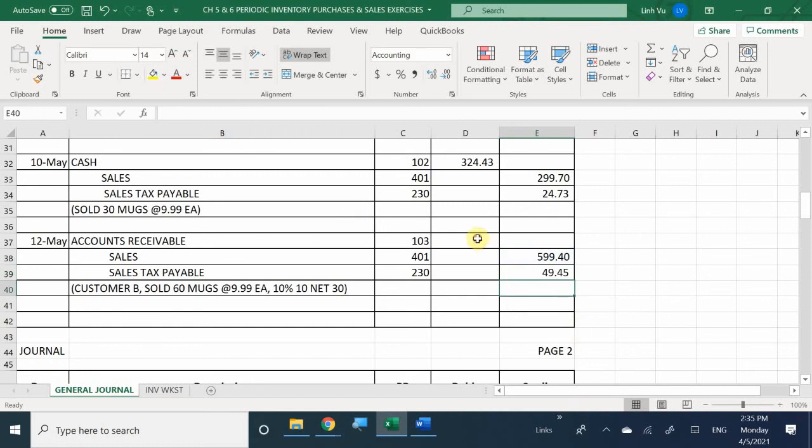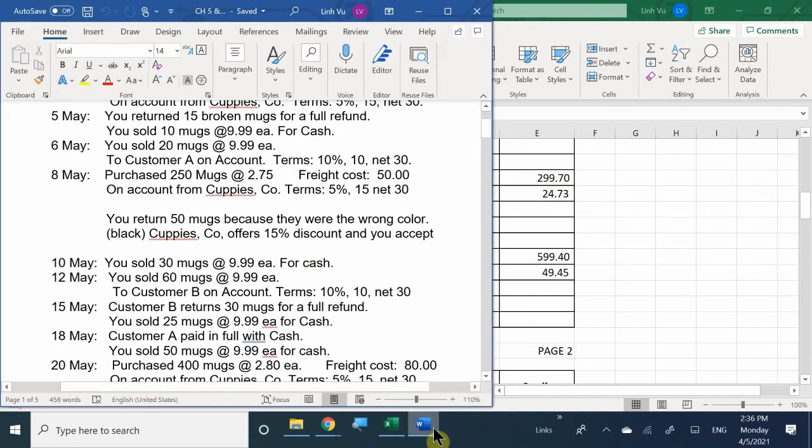So in grand total, how much does customer B owe me? $648.85. Excellent. Okay. So that means if customer B decides to pay me on the 22nd, they're going to be able to receive 10% discount. Okay? All right. So that's that sale right there. So we got a couple customers.